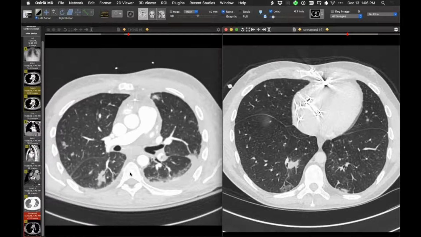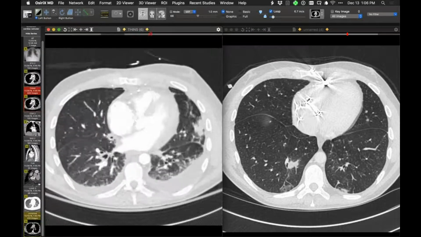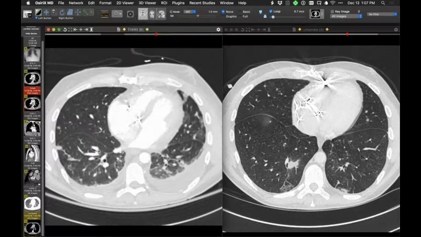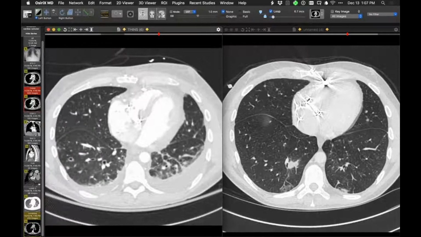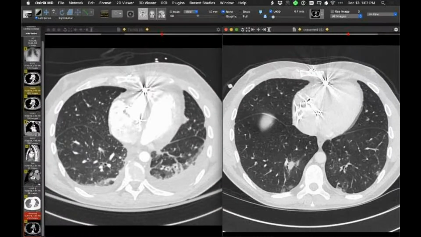So look at this area, and I want to go to the same area on the prior exam. And I want to show you that area. So this is the current one. This is the previous one. And in relation to this vessel there, see what's happened here? This has developed.